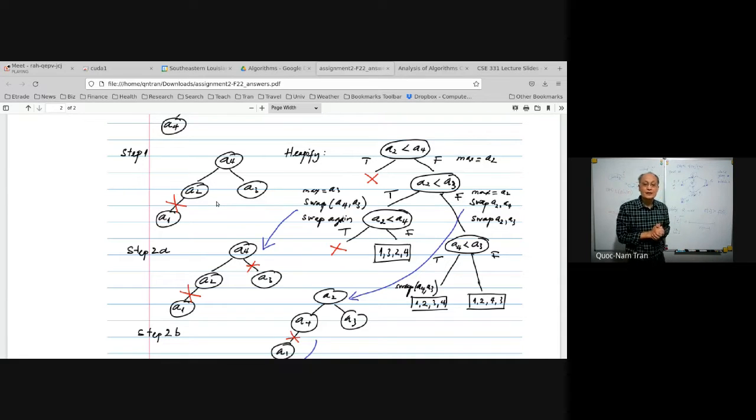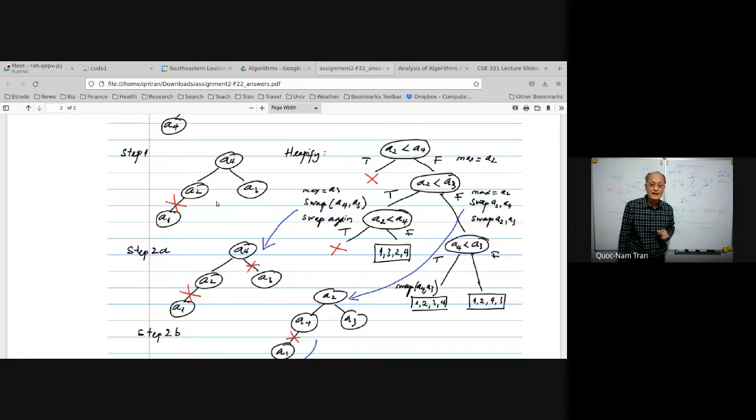So that said, we compare A4 with A2. Whether or not it's true, it cannot be true, right? Because we already have A2 greater than A4. So the branch for the true condition will never happen, right?